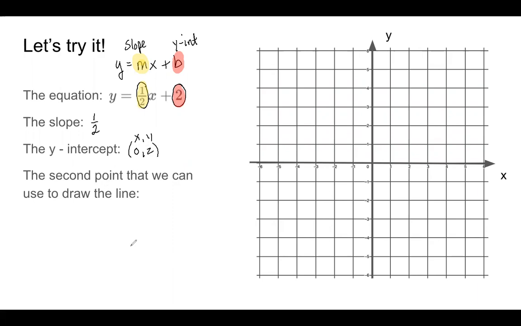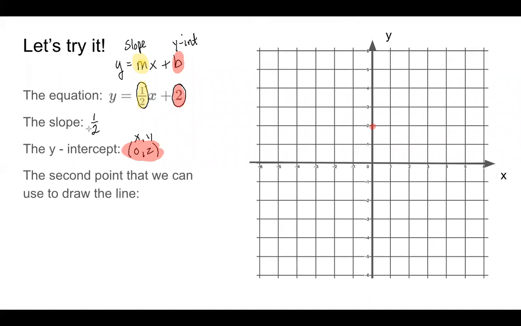Okay, so we are ready to do our pirate map method. Remember, our starting point is the y-intercept. Just like with the pirate map, we need a place on this big coordinate plane to start. We are going to start at (0, 2). So (0, 2) is right there, and that's where we start. Okay, and then we also need our walking directions, and our walking directions are going to be the slope.